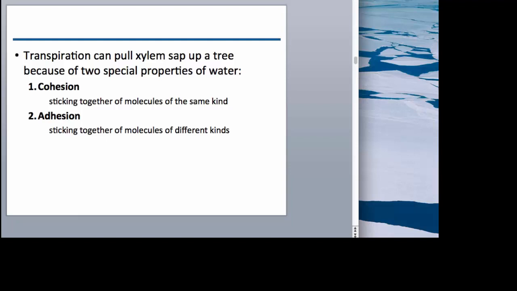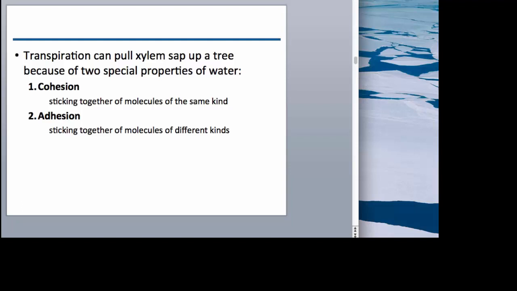So water is cohesive. It wants to stick to itself. Well, that's great. So that means that if I can coax one water molecule into my root, others will want to follow. The other property that we have to look at is the affinity or the likeness or the attraction of water to the inside of the xylem tissue. This is actually something known as adhesion.